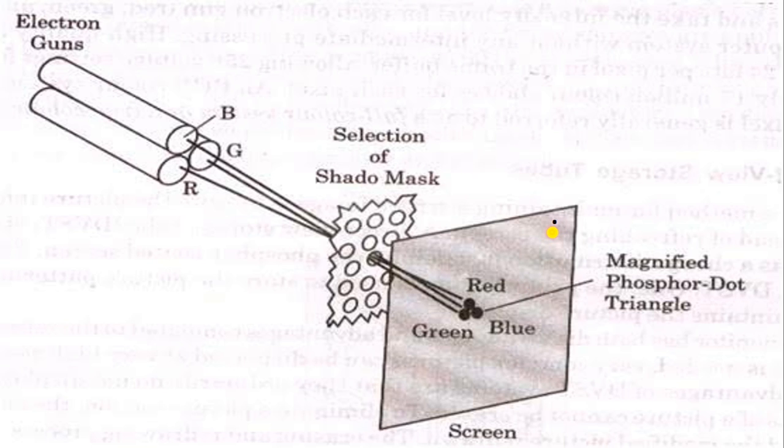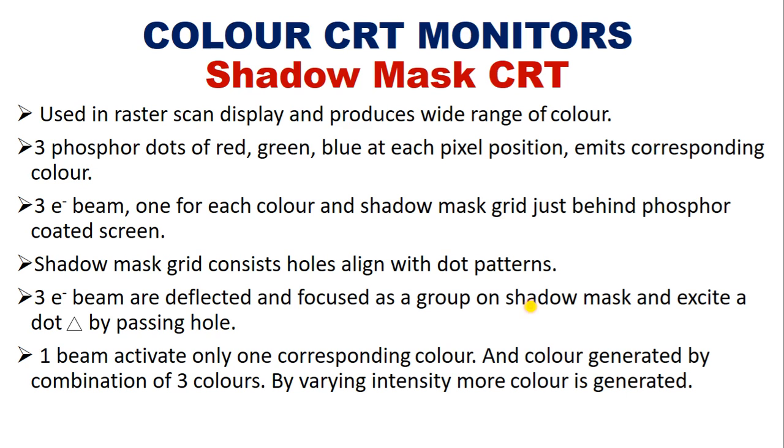Inside the pixel, behind it, three colors will be emitted: red, green and blue. So inside the pixel on the phosphor screen these colors will be emitted, meaning these colors will be there in every pixel.